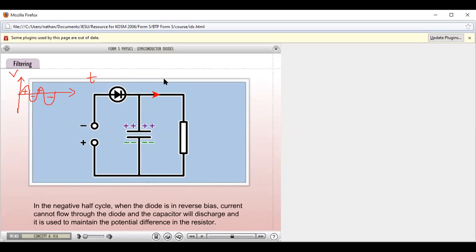When this one becomes positive, this one becomes negative, the current from the power supply cannot flow to the resistor because of reverse bias. So by right, there won't be any current to the resistor. But now the capacitor will be discharged. The capacitor will maintain the voltage and supply the current. That means if you put a bulb, the bulb will not blink. It will still be able to light up because the capacitor will be discharged.